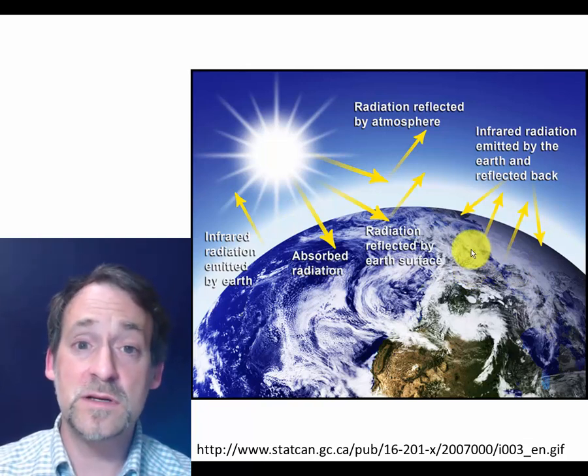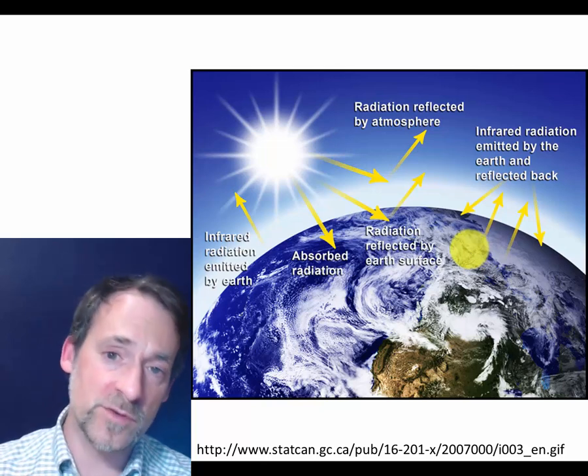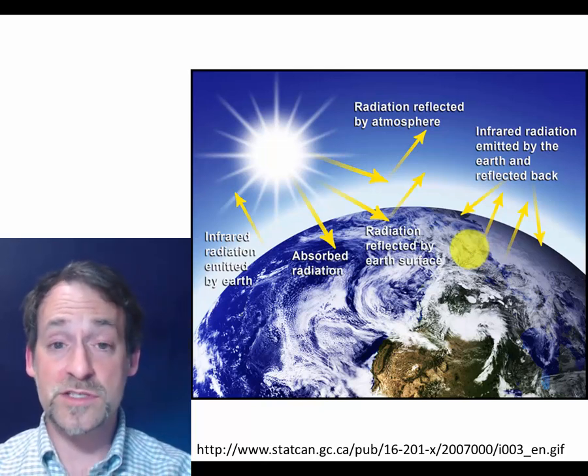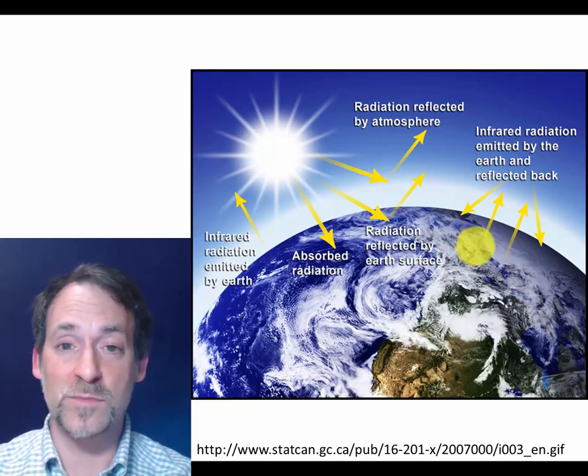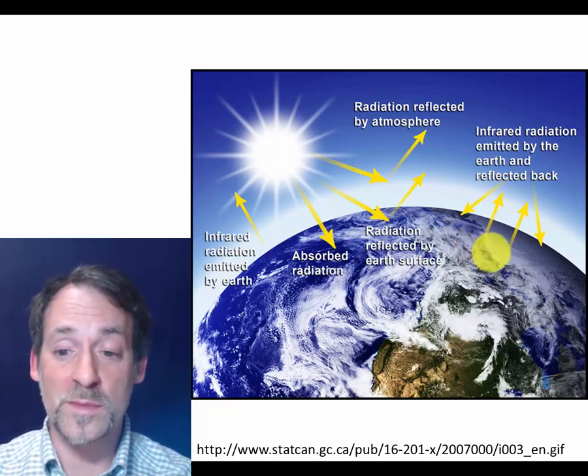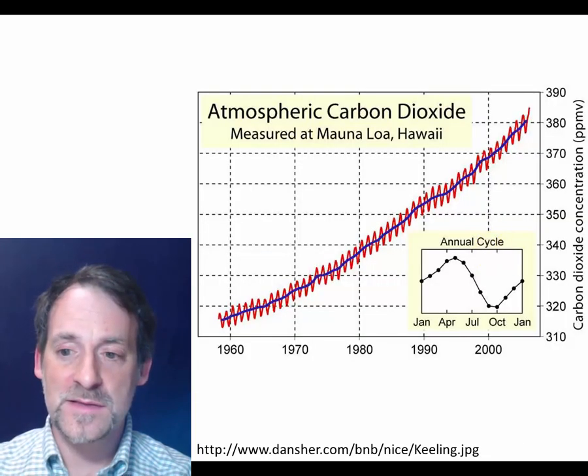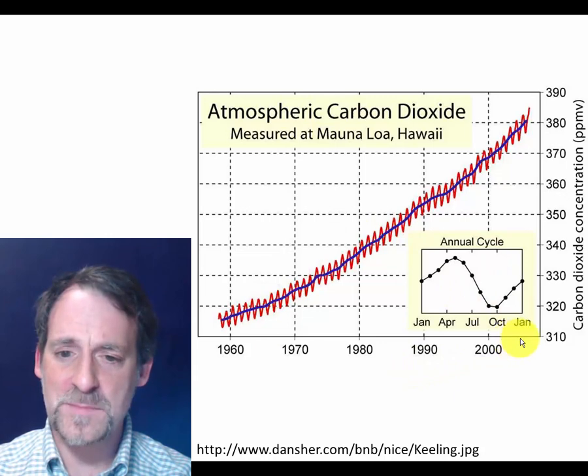In a nutshell, carbon dioxide traps infrared radiation close to the Earth's surface. And well, infrared radiation is heat. That is what is causing the world to warm slowly up. This has been happening for quite some time.